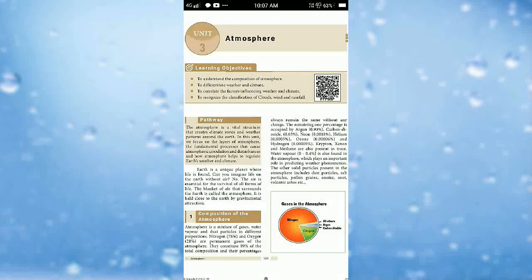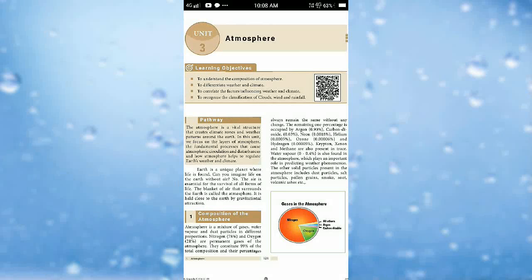The other composition of that percentage is occupied by argon, carbon dioxide, neon, helium, ozone and hydrogen. Krypton, xenon and methane are also present in trace.